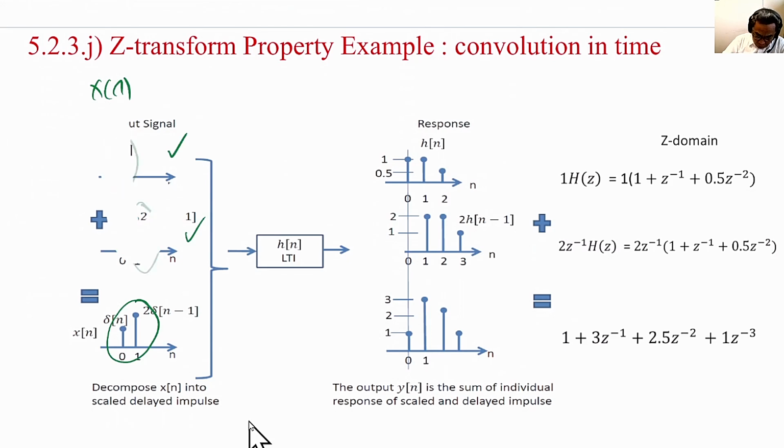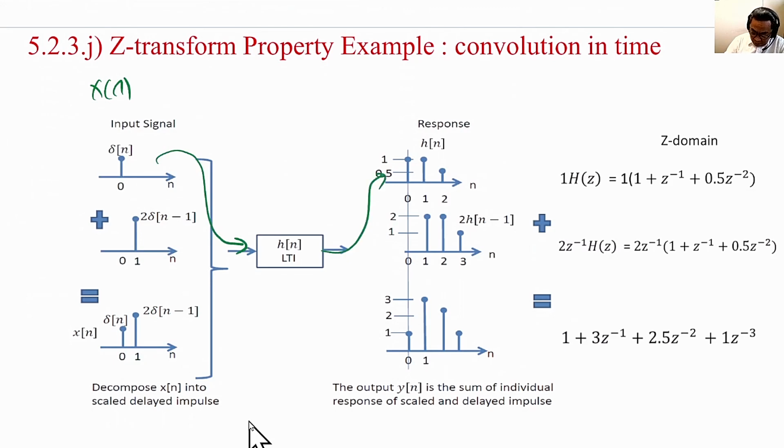So the top input, let's track it. This goes through this system and comes out here. This is h[n], since this is an impulse at time 0, so this is the impulse response. What about the other one? This is 2 times a delayed impulse. The 2 is the scalar multiplication, so 2 comes out here.